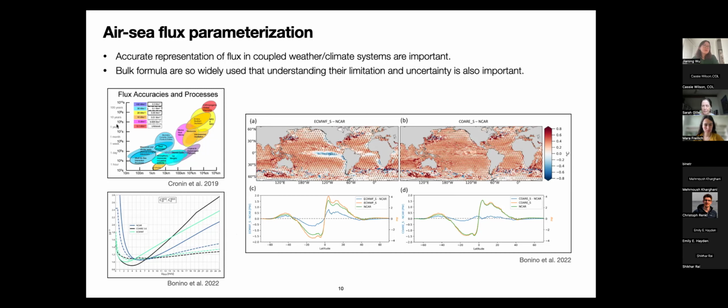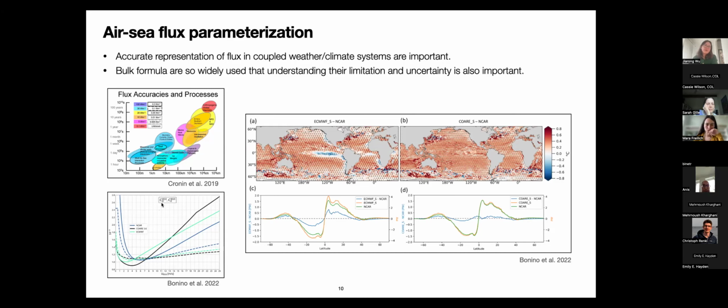So yeah, this plot is from Cronin et al. 2019, showing the targeted accuracy for fluxes to be able to capture these physical processes at different temporal and spatial scales. And on the bottom is another more or less recent work showing that, so these lines NCAR, CORE 3.6, and ECMWF are different bulk formulas developed by different institutions.